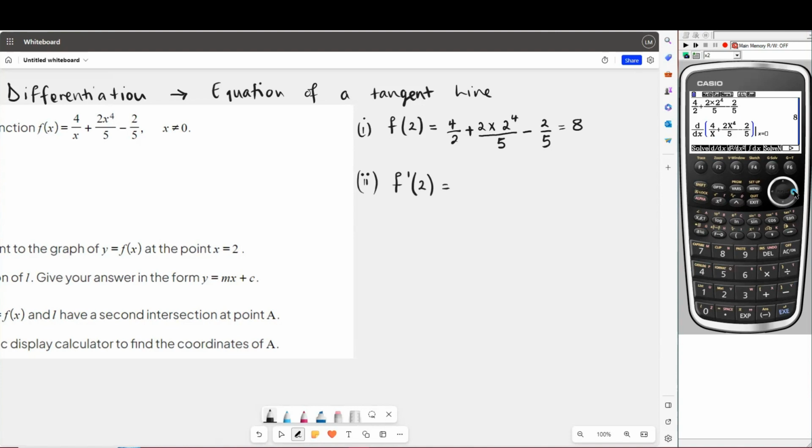And remember that the value of x that we're substituting is 2. Okay, so that gives you 59 over 5.